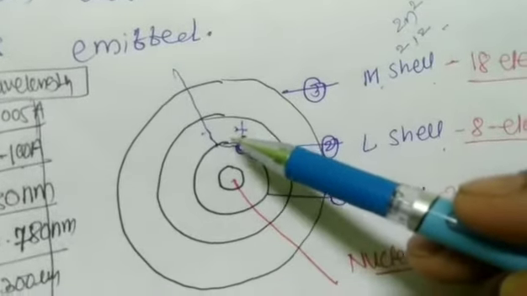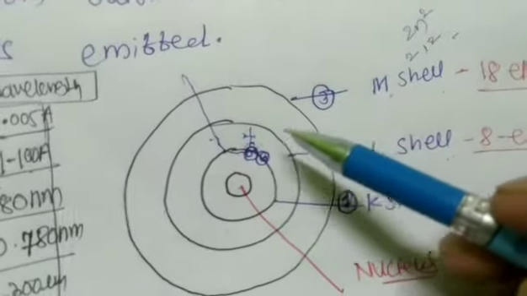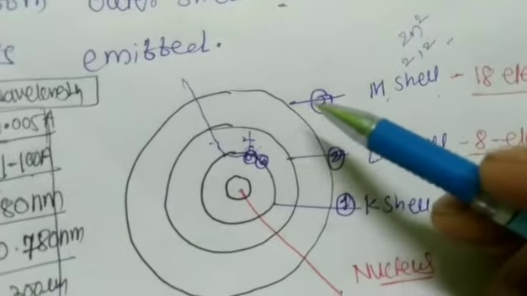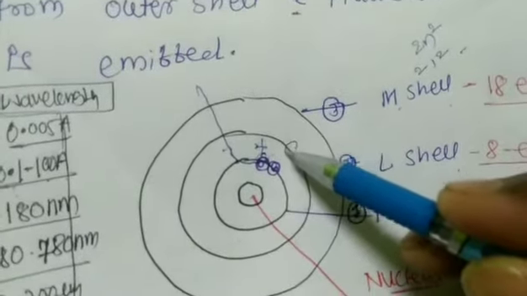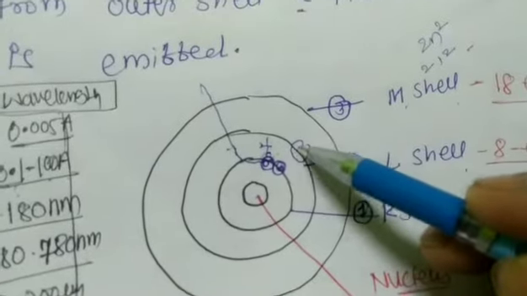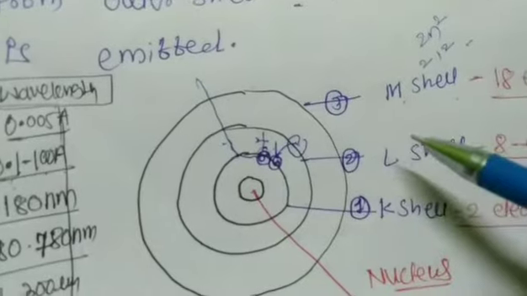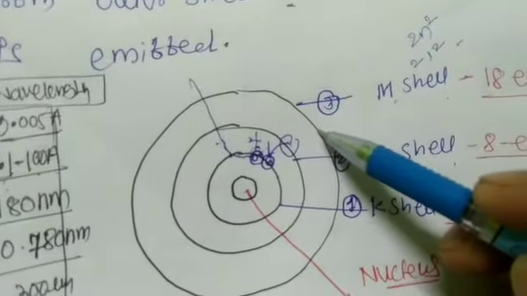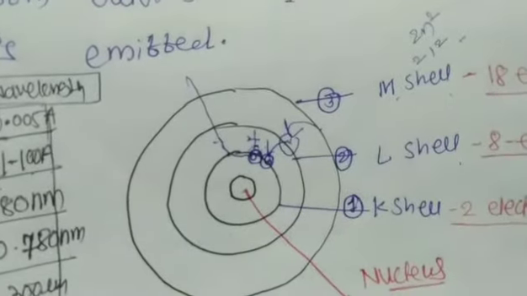So here is an empty space in the K shell. The empty space is filled by an electron from the L shell. So one electron comes from the L shell and fulfills its position. And another electron comes from the M shell and fulfills the position of the L shell.